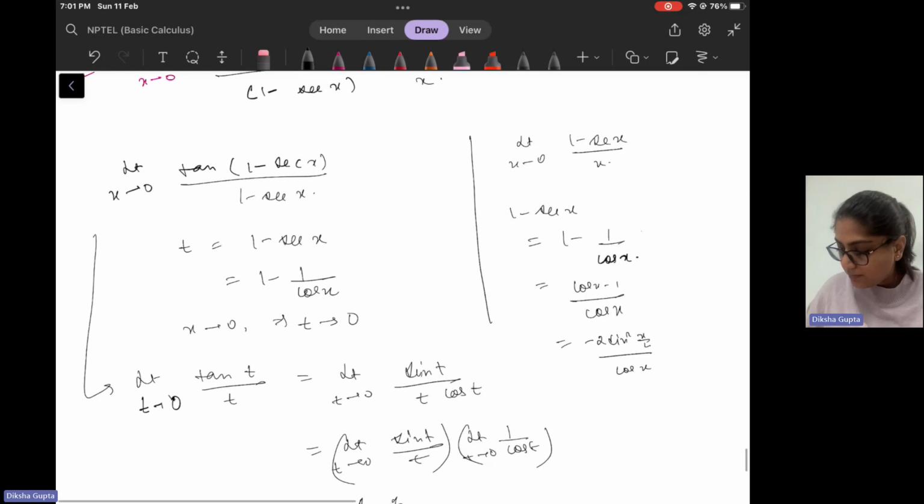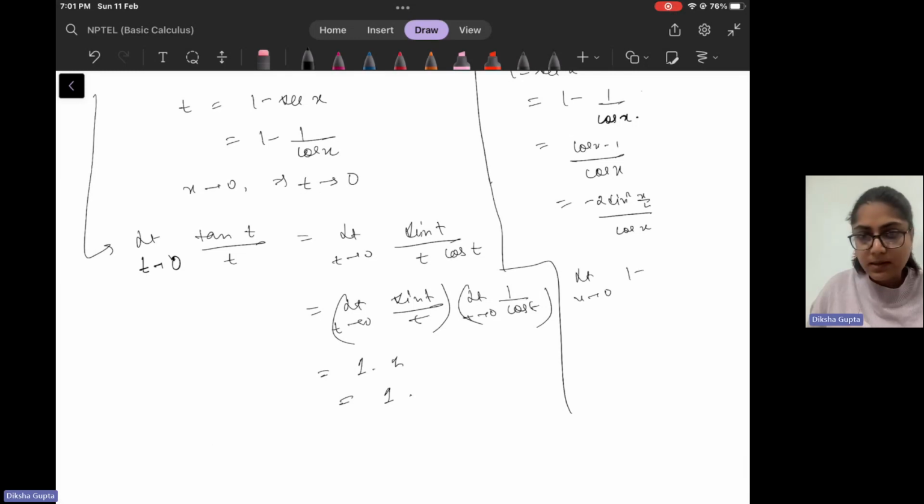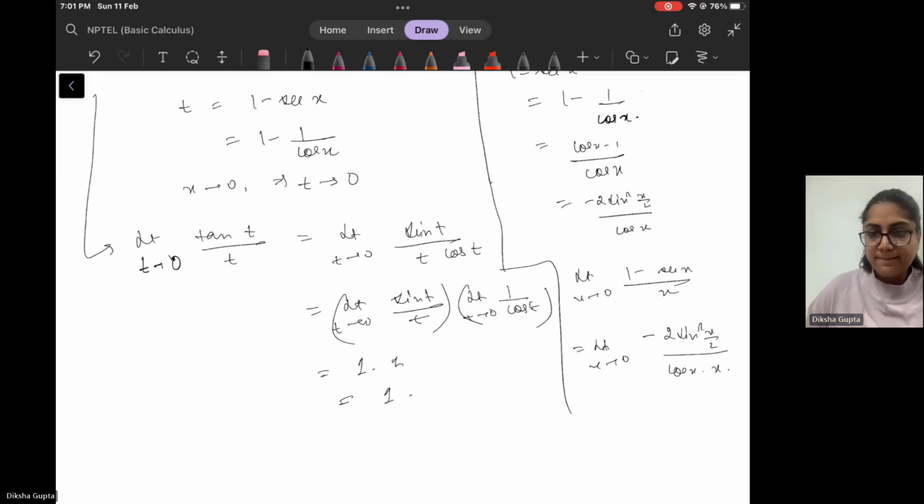So limit x tending to 0, 1 minus secant x by x is limit x tending to 0, minus 2 sine square x by 2 upon cos x into x, right?